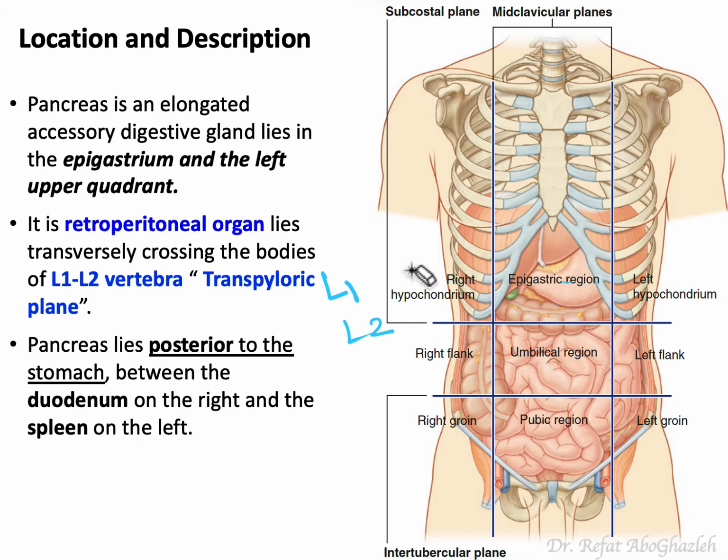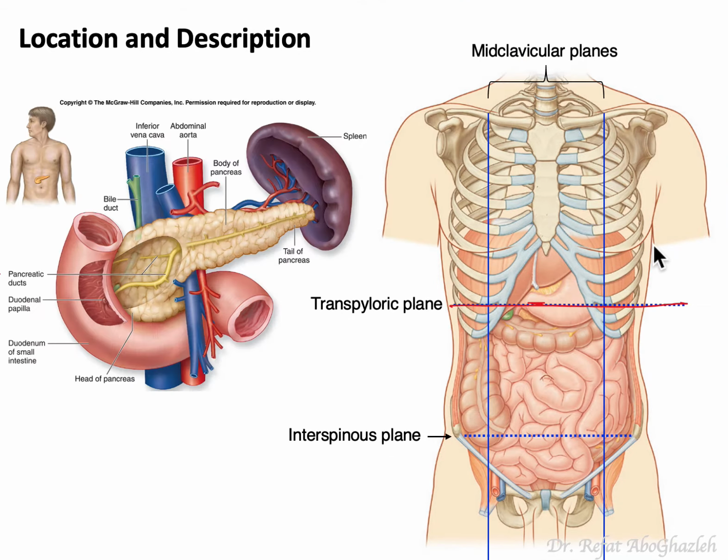Although it's not easy to show in this figure, it's good to know that the pancreas is located between the concavity of the duodenum on the right and the spleen on the left.